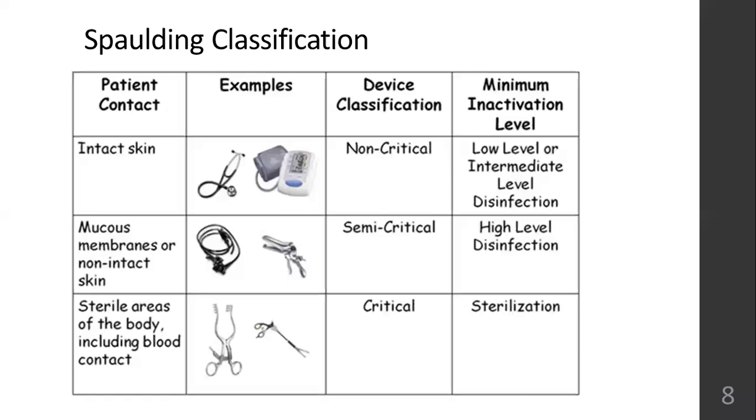That is non-critical instruments like your stethoscope, sphygmomanometer, axillary thermometers, not oral, not rectal, pulse oximetry. These are the devices which are touching intact skin. NIBP, cardiac monitors, they are touching the intact skin.